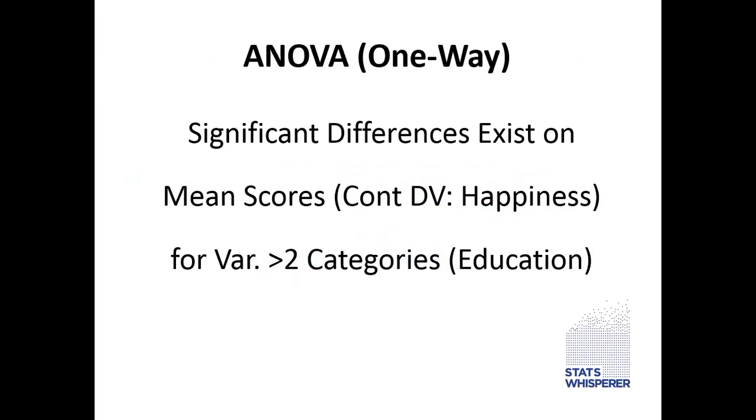The mean score suggests the continuous variable, and the continuous variable is happiness. So it examines mean happiness scores for a variable with more than 2 categories, such as education. What it's looking at is, for the 3 groups of education, high school, college, and graduate school, is there a significant difference between the mean scores of happiness between each group?